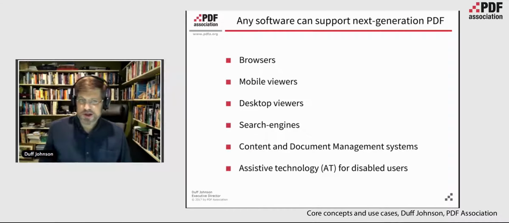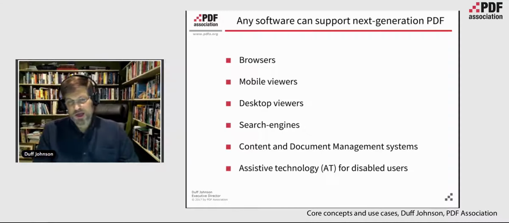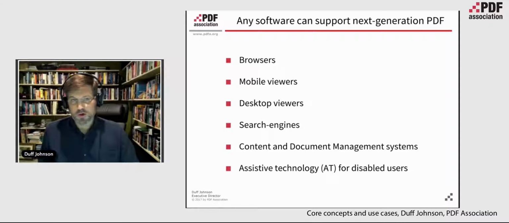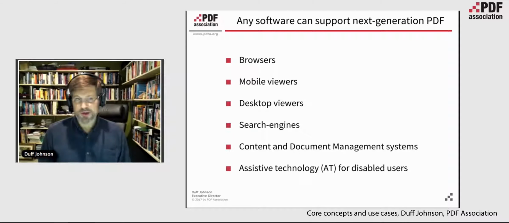So, any software can support next generation PDF. As I've mentioned, the classic vision here is a phone in which I can simply scroll through a long document, or accommodate a document that includes a layout that is problematic to read on a small device.